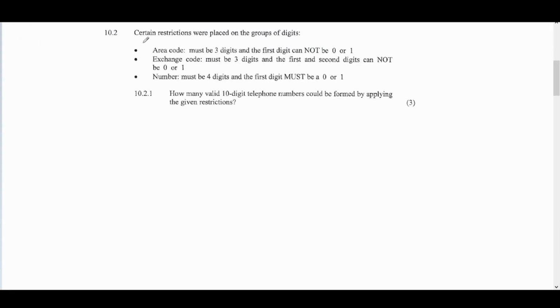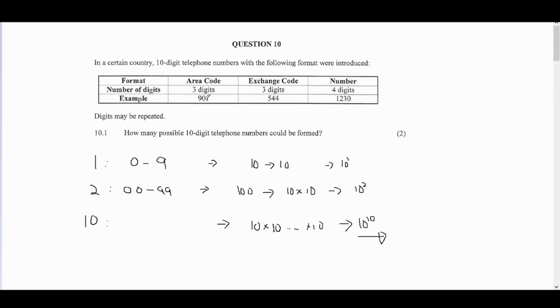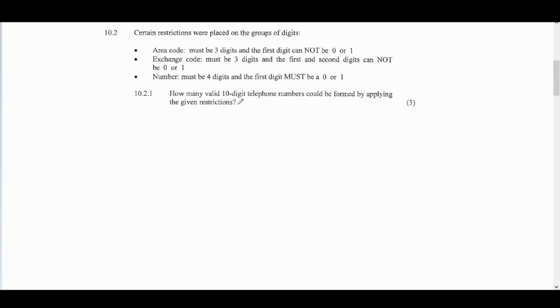10.2. Certain restrictions were placed on the group of digits. The area code, our first 3 digits, must be 3 digits, and the first digit cannot be 0 or 1. Let's work through all the restrictions.